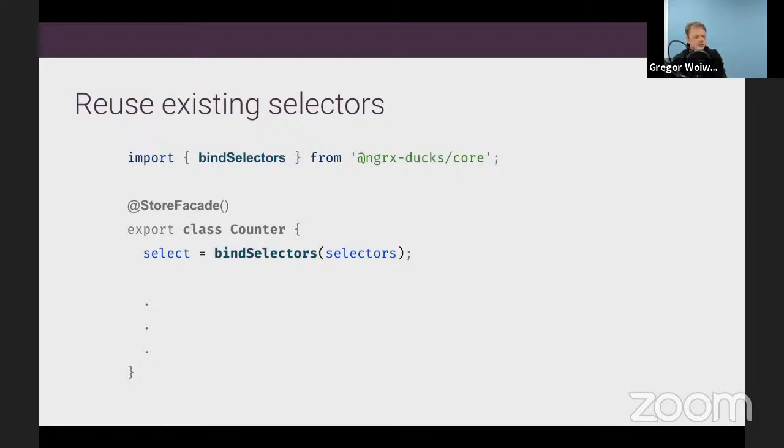The problem with the selection method itself is that you always need to know from where you want to import the selector method. So you need to know where it is. And I also thought about how we can support the developers here to have a better access to the store.